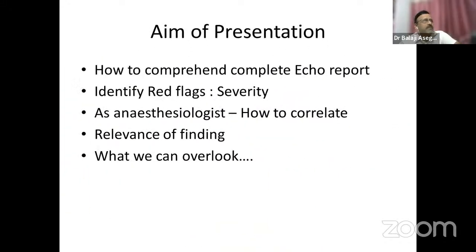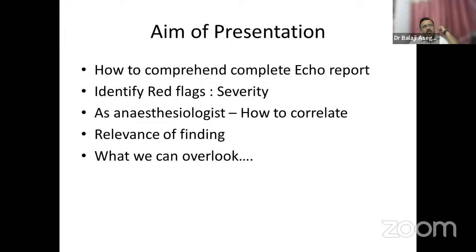So the aim of the presentation is to comprehend the complete echo report. We do not want to have expertise like cardiologists, but we should be able to identify the red flags or the severe things mentioned in the echo.